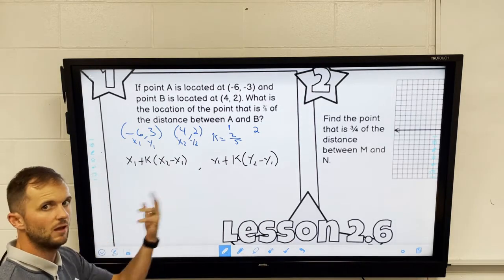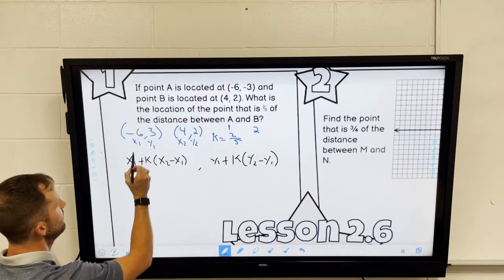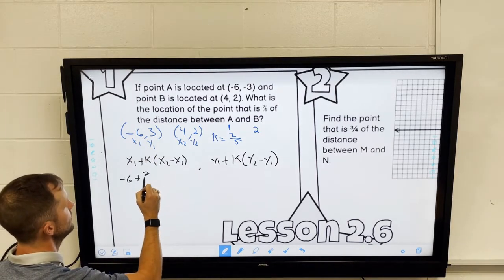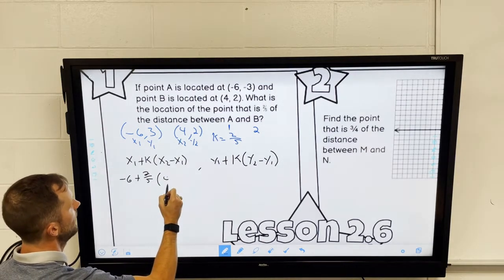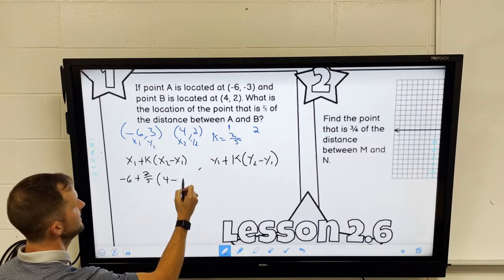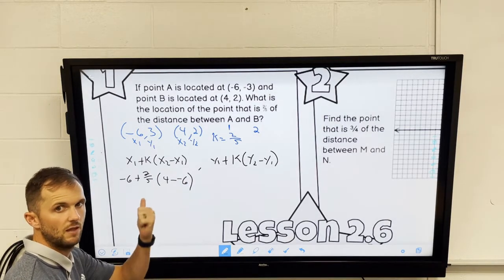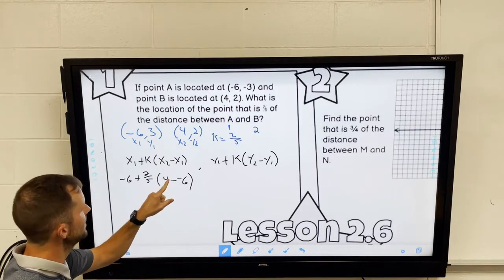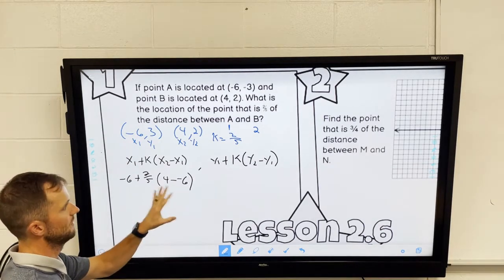Now we gotta plug everything in. x1 is my beginning point, -6, plus k, which is 2/5, times x2, which is 4, minus x1, which is -6. You need to understand this is happening a lot from the other lesson: if I subtract a negative, we're subtracting what that coordinate is. That coordinate's -6. Okay, so we have to make sure that's there.